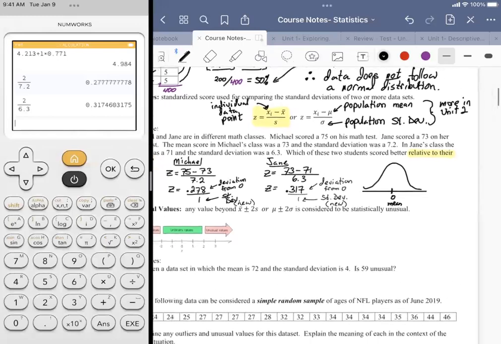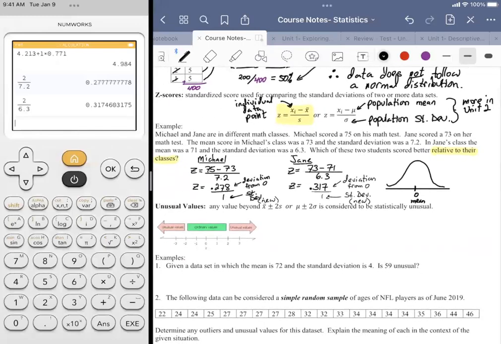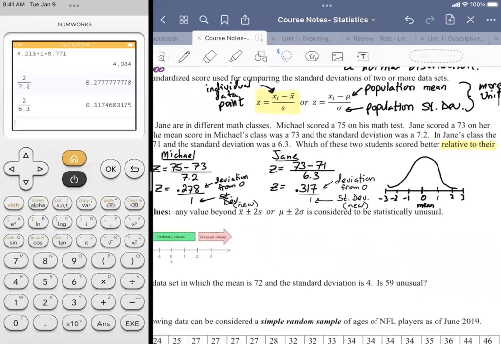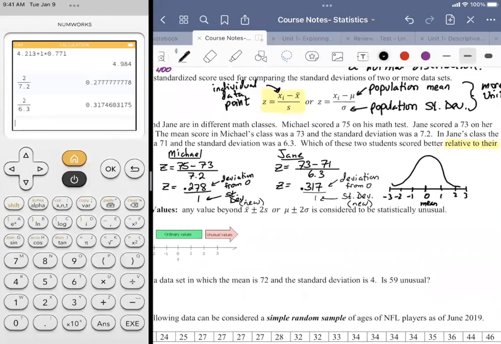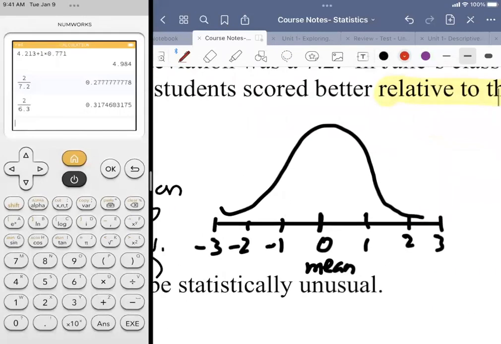All right, so if I go out 1, 2, 3 units in each direction, just like an ordinary number line, I can actually now plot these two pieces of information on the same graph. So 0.278, they're going to be really close, but 0.278, I'll put right here.